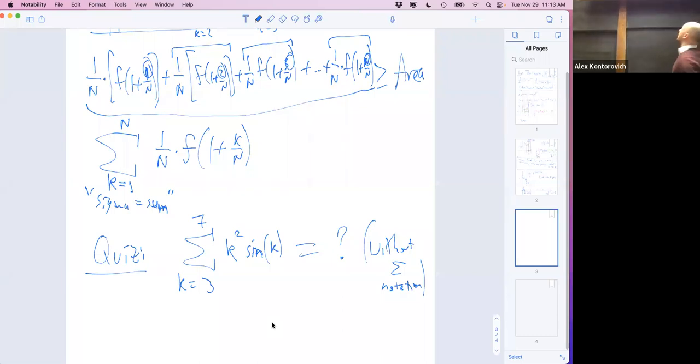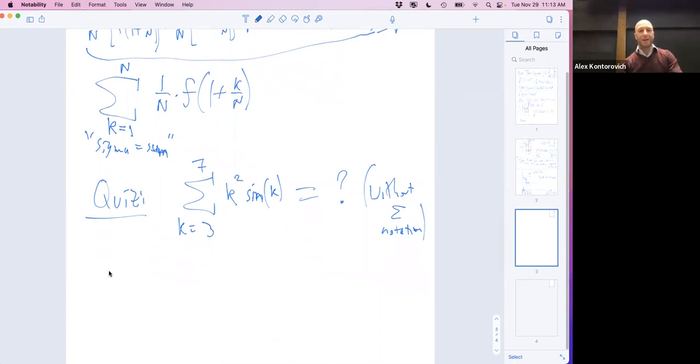K squared times sine of k as k goes from 3 to 7. So what's the first term? Right, when k is equal to 3, I get 3 squared times sine of 3.